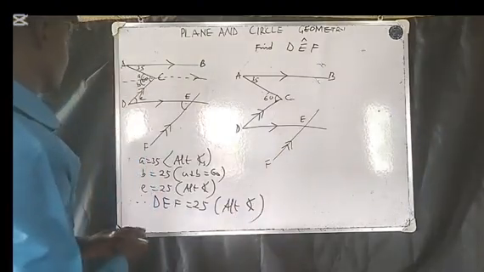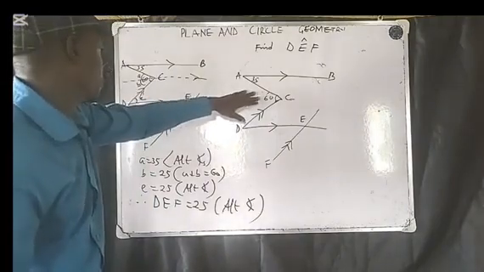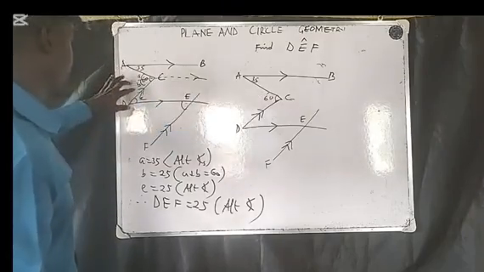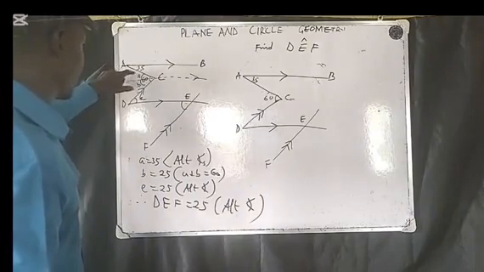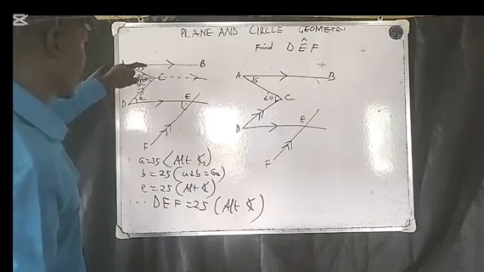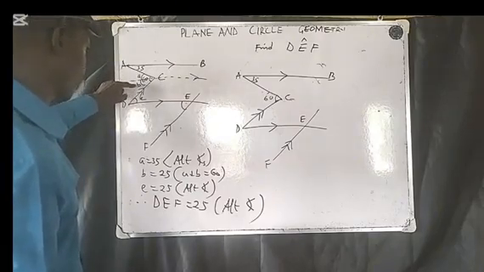Let's go over it again. A and B equals 60. As you can see here, we split it into 2, A and B. And this A and 35, they are alternate angles. So A equals 35. And if we remove 35 out of 60, we'll be left with 25.